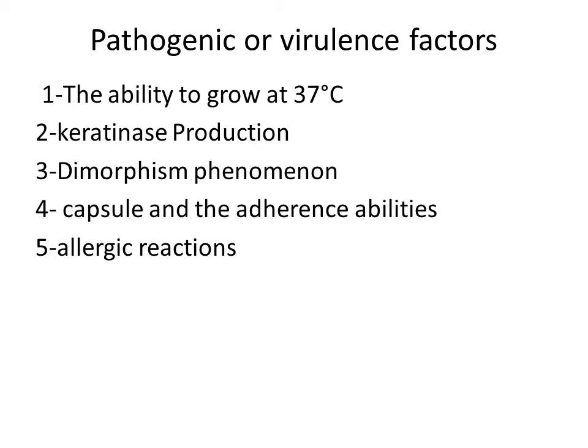First, the ability to grow at 37 centigrade, which is one of the most important pathogenesis factors in fungi. Second, keratinase production. Production of keratinase allows dermatophytes to digest keratin in skin, hair, and nails.